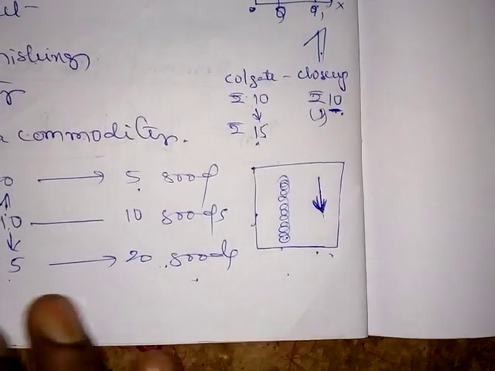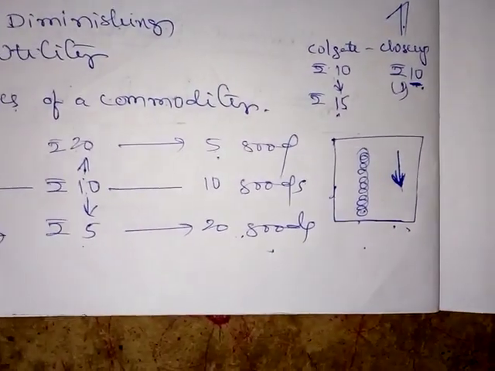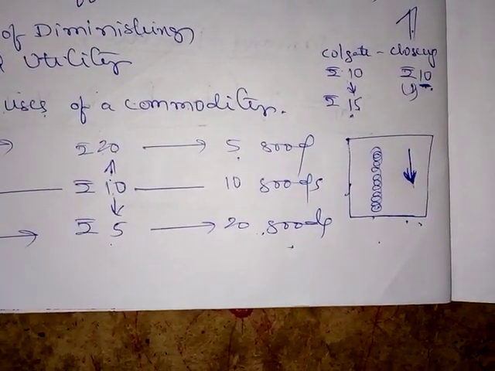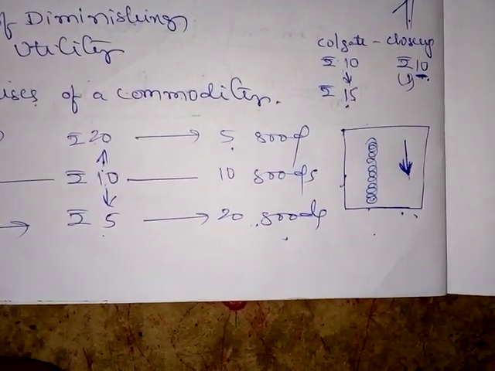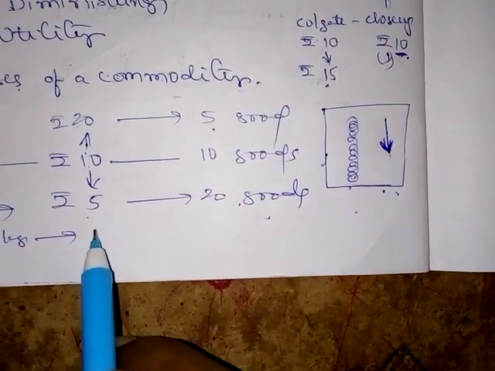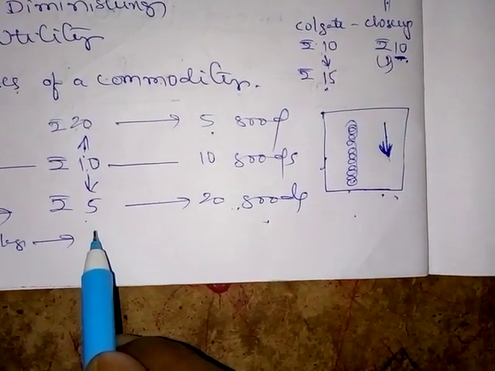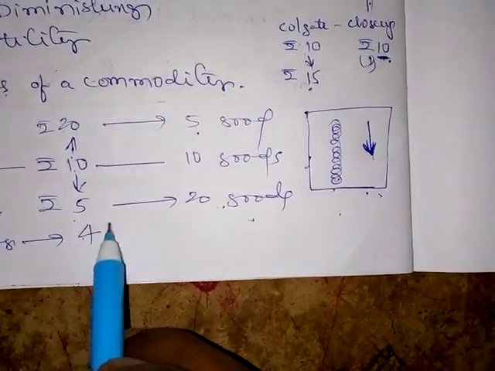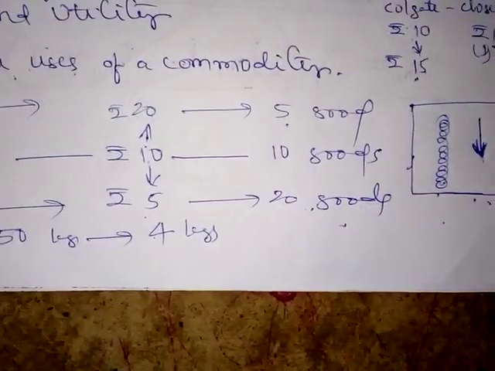For example, a seller is there with mangoes. The price for mangoes is ₹50 per kg, and the seller is selling mangoes in the market, and he is left with 4 kgs of mangoes only, right?